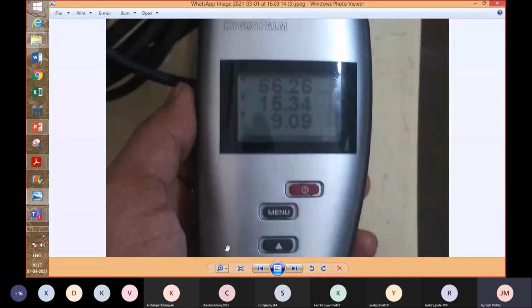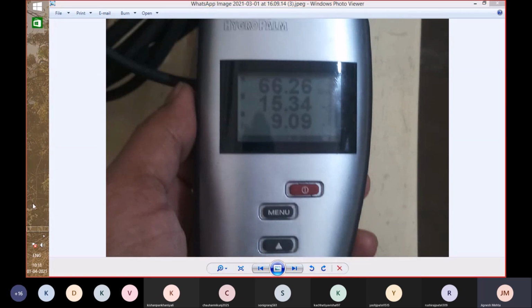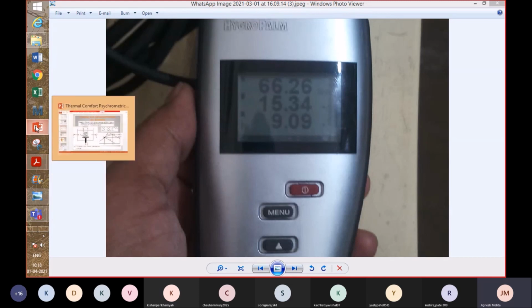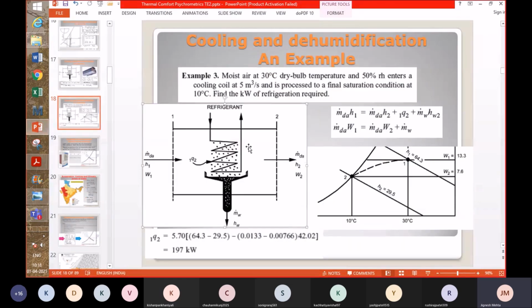So this is the actual condition that one gets. It is never going to be in equilibrium with the surface temperature of the coil. But if the coil has higher effectiveness, you may be able to reach near the surface temperature of the coil, which is also called the apparatus dew point temperature.